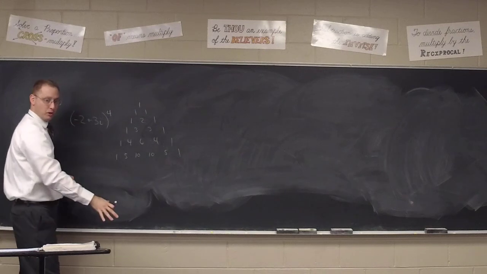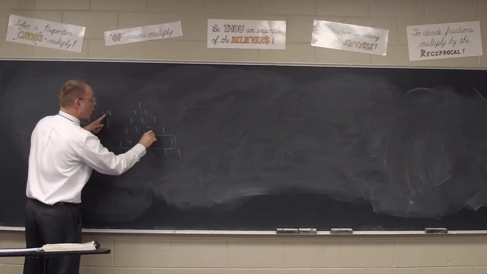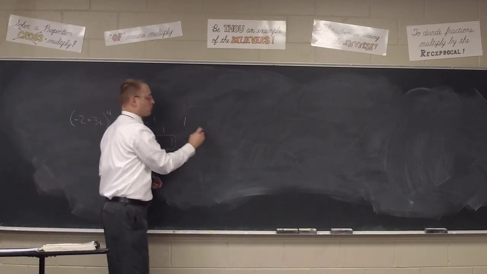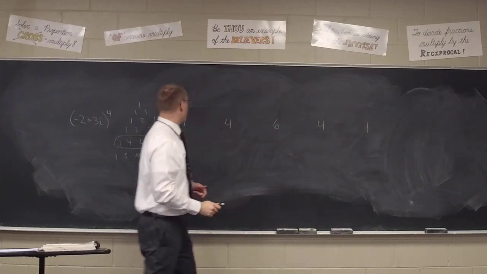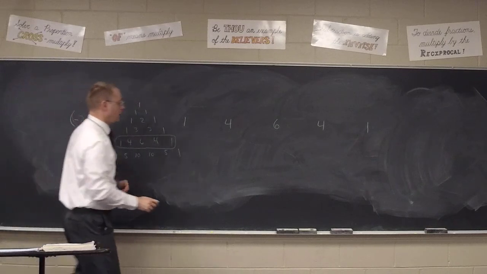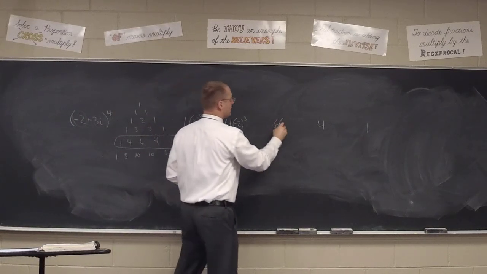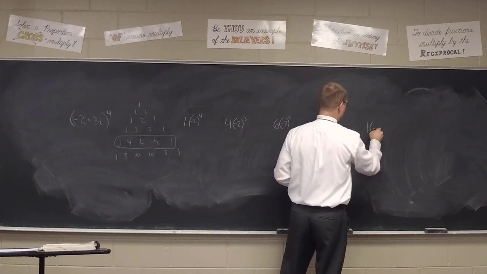And so on and so forth. And whatever power was present, you take that row, as indicated by the second term of the row, and you start by writing out your coefficients. 1, 4, 6, 4, 1. Then you take the first term and you start it off to the 4th power. So we'd have a negative 2 to the 4th, then a negative 2 cubed, and a negative 2 squared, and a negative 2 to the 1st, and a negative 2 gone.